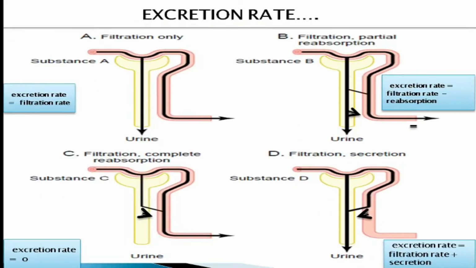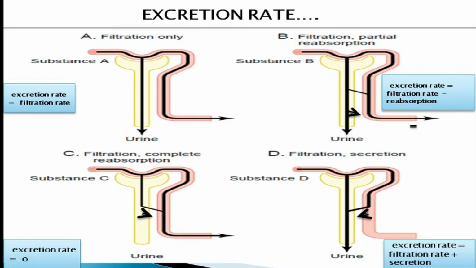Now, on the basis of these three steps, the excretion rates of different substances vary. If a substance is only filtered across the glomerulus, with no reabsorption and no secretion, then for that substance the excretion rate is equivalent to the filtration rate. Okay. Now B shows a substance where filtration is occurring and that substance is getting partially reabsorbed.